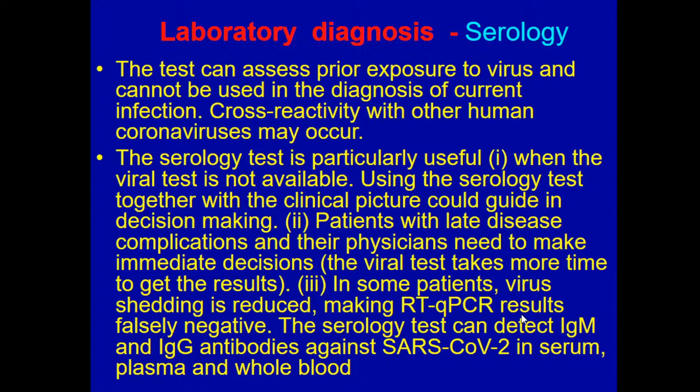Third, in some patients virus shedding is reduced, making RT-PCR results falsely negative. The serology test can detect IgM and IgG antibodies against SARS-CoV-2 in serum, plasma, or whole blood. So all these three types of specimens can be used.